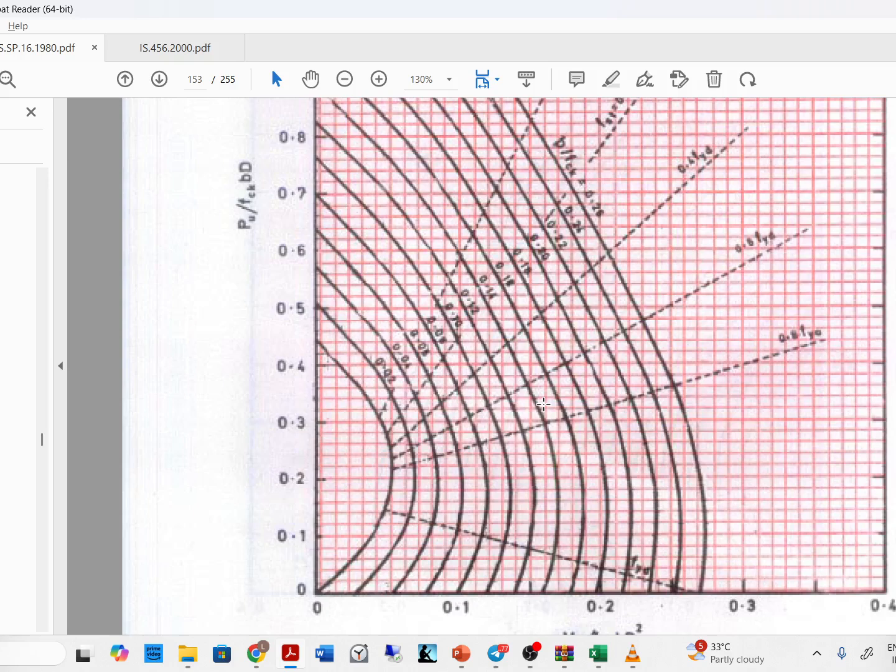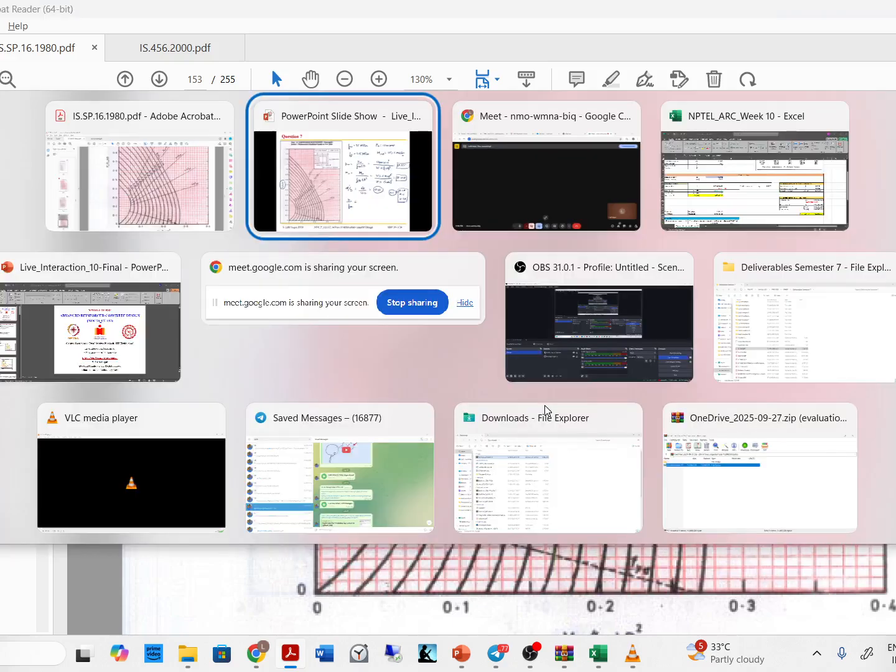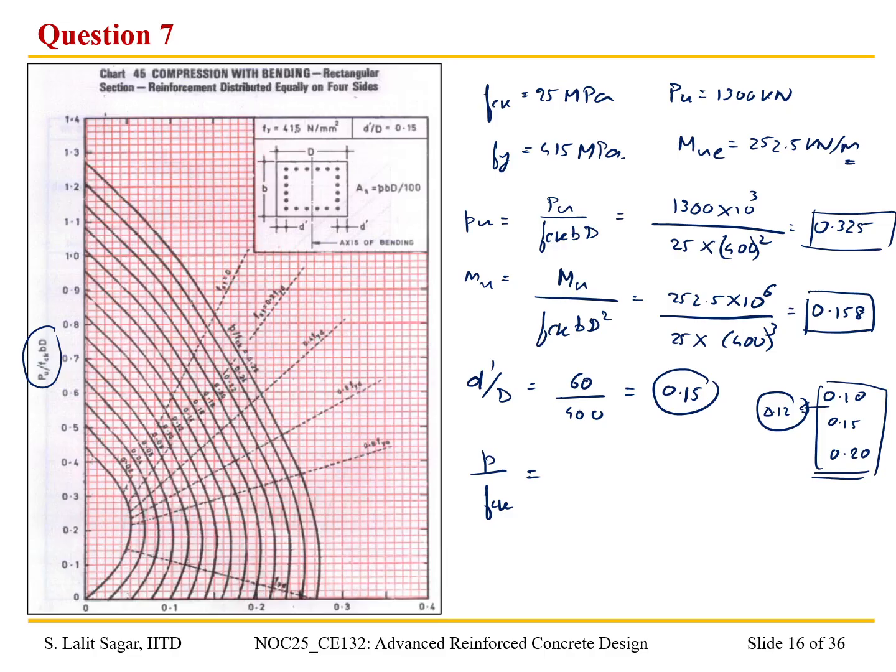It lies between the values of 0.14 and 0.16, so I am assuming a value of 0.15. That is, p by fck is 0.15.